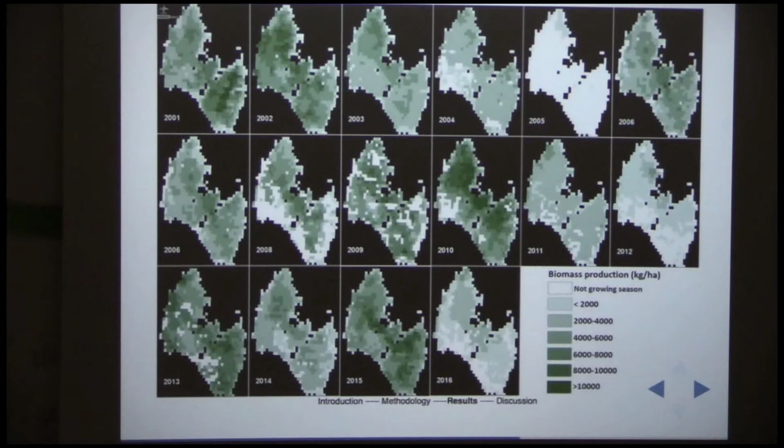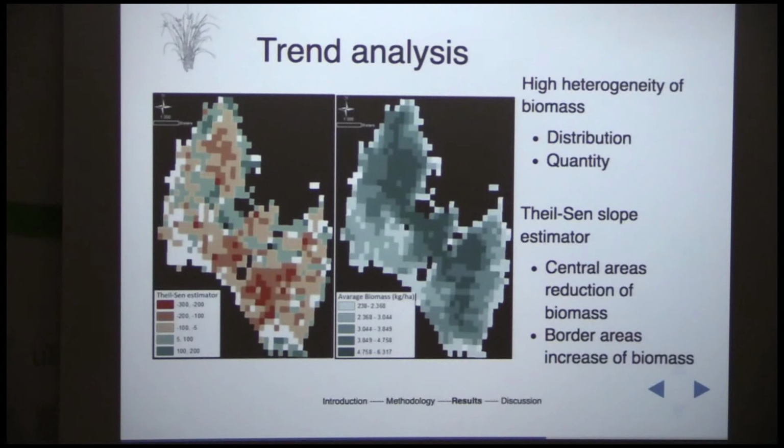To try to summarize this information, what we have done is to apply the Theil-Sen slope estimator, that is this map that you find on the left. What it marks in red is the area where there is a decrease in production throughout the years, and in green, it shows the areas where there is an increase of the vegetation. In general, it's possible to say that in the central areas the vegetation is decreasing, and in the border areas the vegetation is increasing.